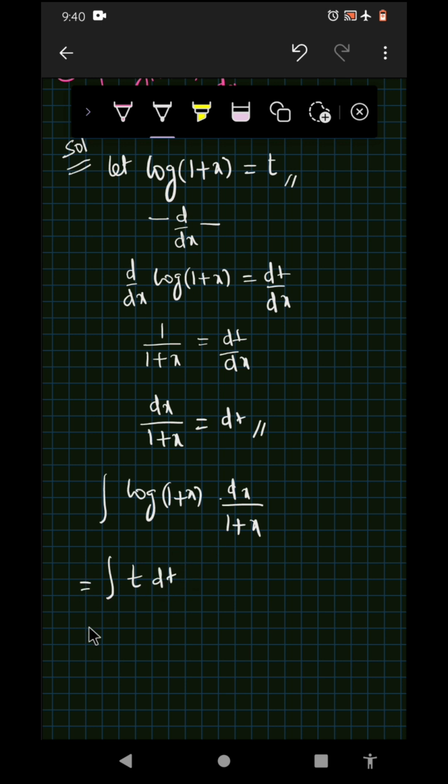So we get integration of t, which becomes t square by 2 plus c. Now t is equal to log of 1 plus x. Substitute in place of t: (log of 1 plus x) whole power 2 by 2 plus c is the answer for the given problem.